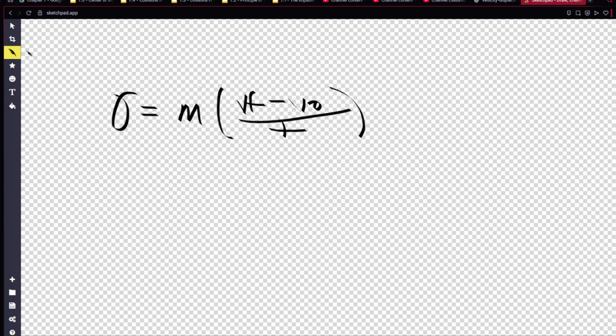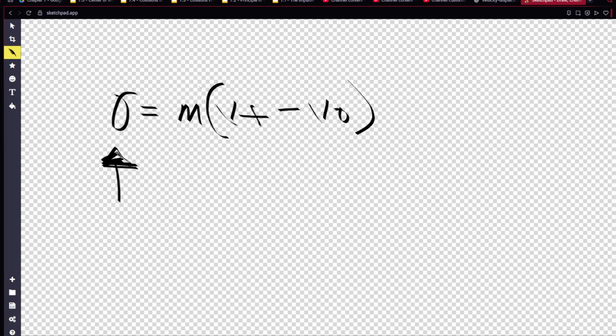Sorry, no, it's just a change in linear momenta, because we multiply time on both sides, so it's m(vf minus vo). If the impulse is zero, then mvf is equal to mvo, because these two terms have to be the same in order for this to be zero.